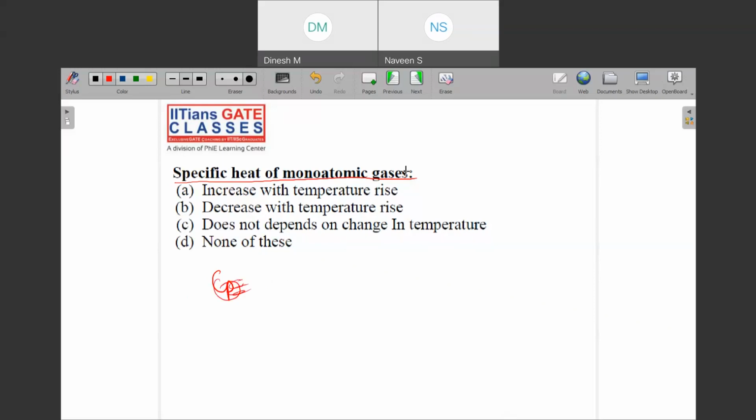No, specific heat of monoatomic gases we have been asked now. So we have seen for gases. Can you recall that? You are not telling me options. So have you not gone through? You are not revising. We should revise, otherwise how will we solve?